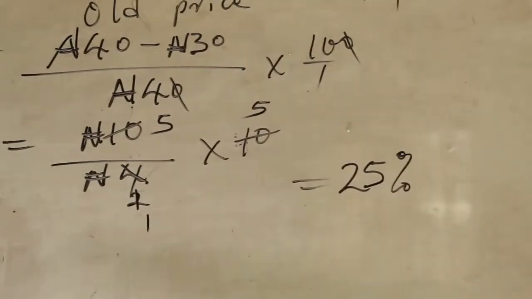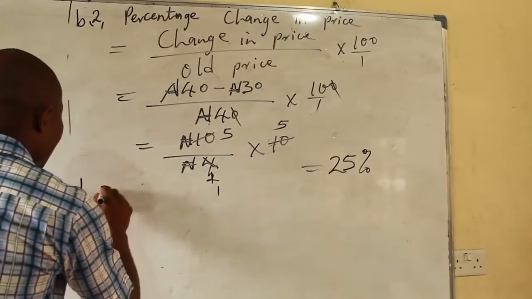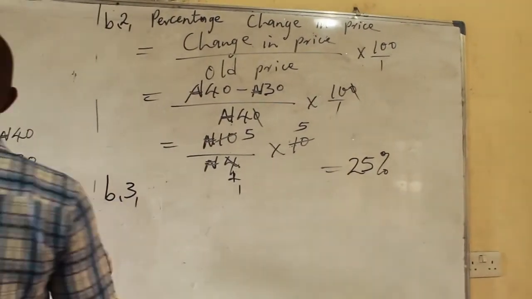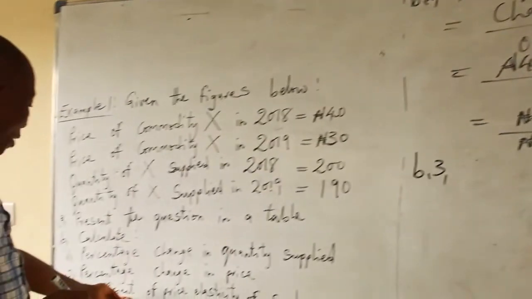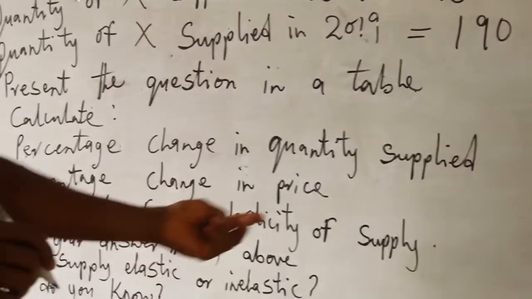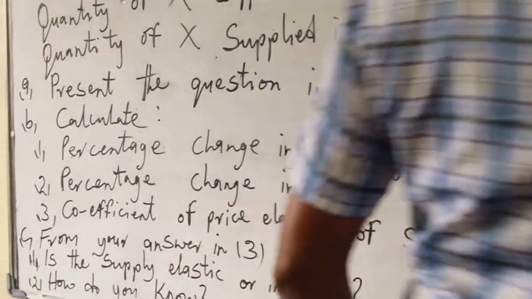We are now going to B3. And in B3, we are asked to find the coefficient of price elasticity of supply.